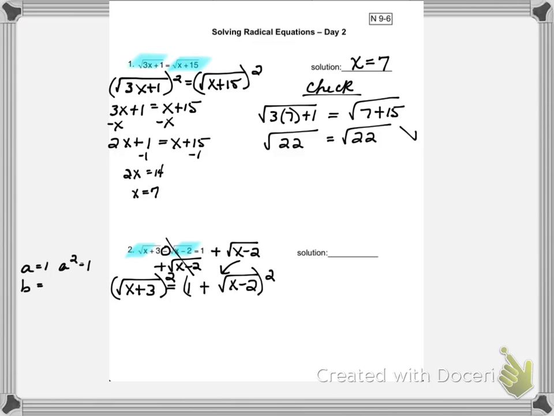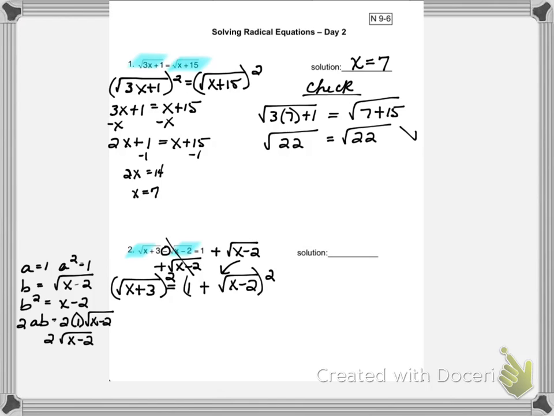B is equal to the square root of x minus 2, so b squared will be x minus 2. And then 2ab is going to be 2 times 1 times the square root of x minus 2, or just 2 times the square root of x minus 2.